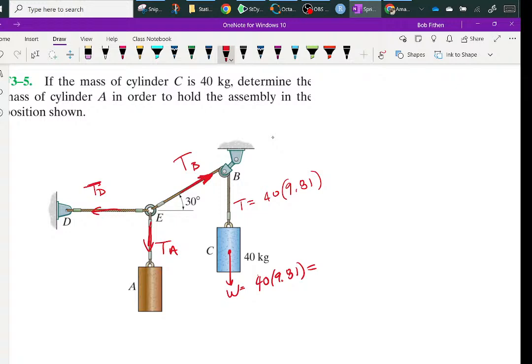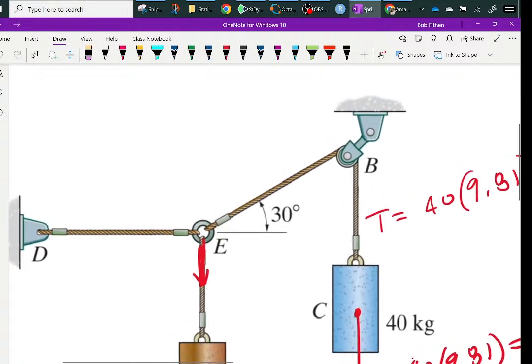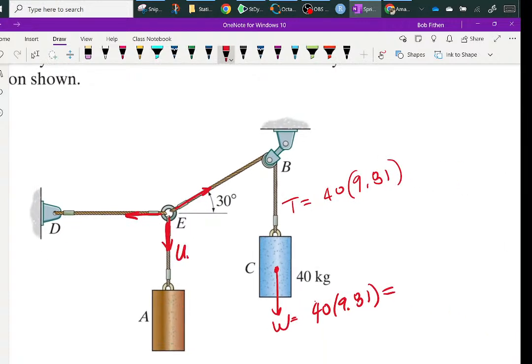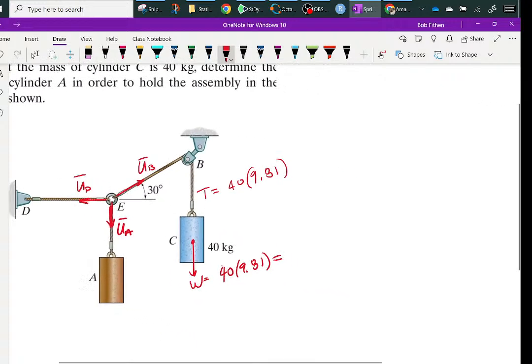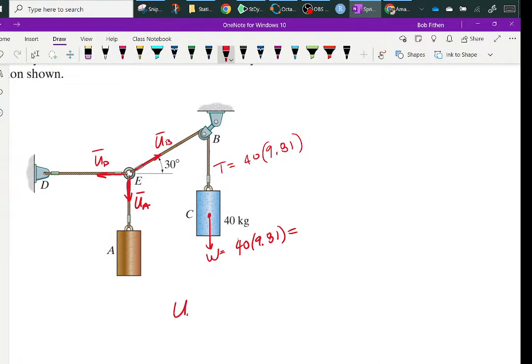Now, if I want to write them in vector form, I have to find my unit vector this way. Now that I know what I'm going to call them, let me look at these unit vectors. This one's pretty easy. I'll call them unit vector A, unit vector D, and unit vector B, and that's what my rings are operating off of. Unit vector A is unbelievably easy.